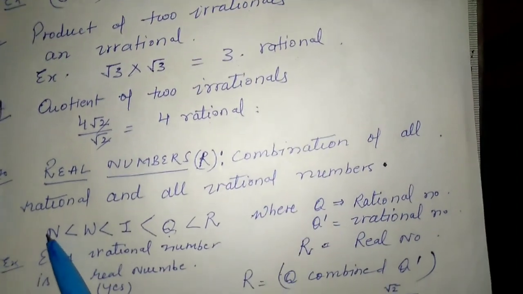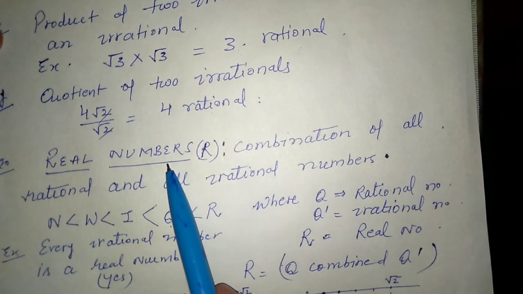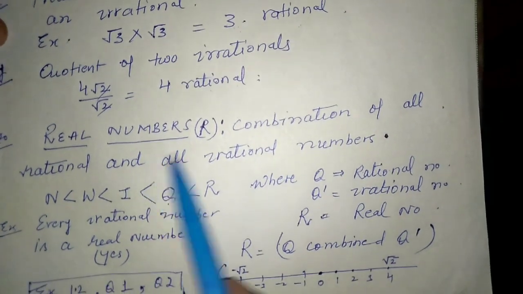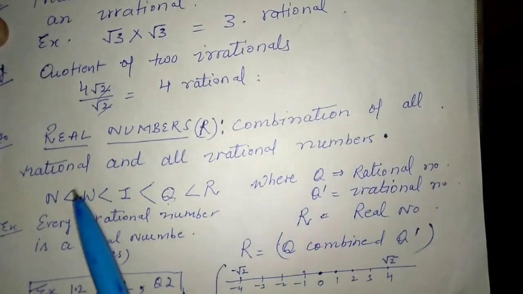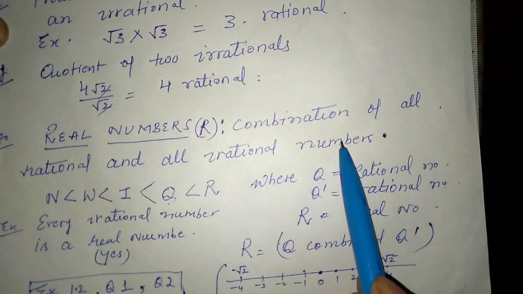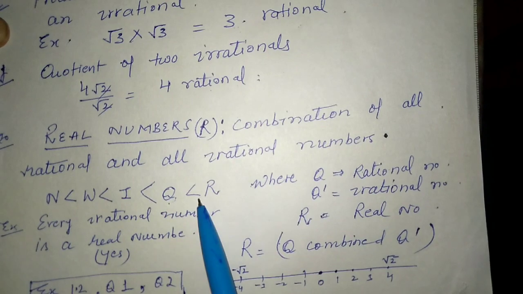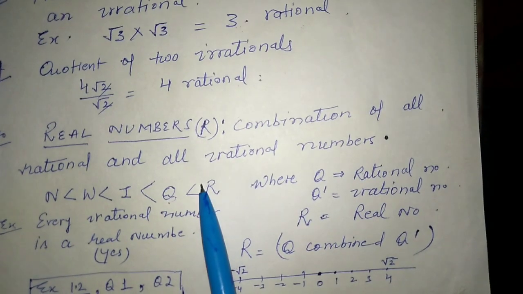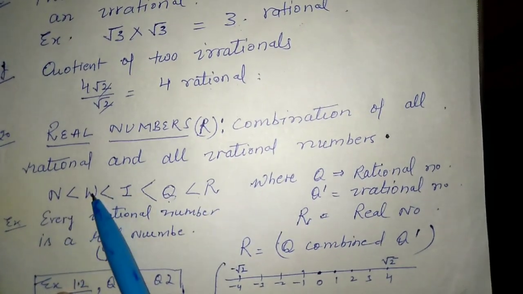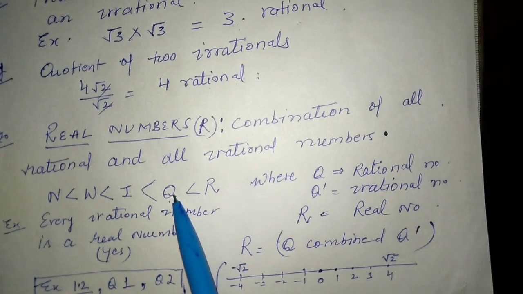Now the important thing: real numbers. What are the real numbers? The combination of all rational and all irrational numbers is known as real numbers. So we have a series again here. Till here we have read natural numbers, whole numbers, integers and rational numbers.